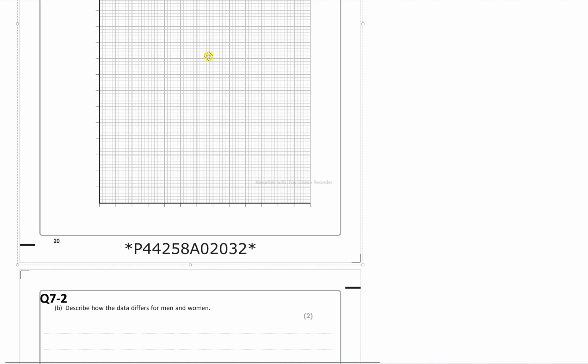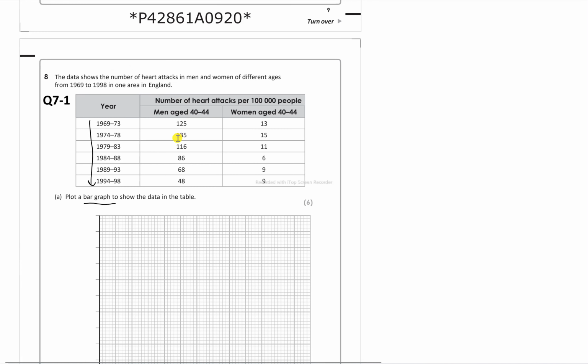So there's 6. Let's have a look. 1, 2, 3, 4, 5, 6. Okay, that's good. And we go from 48 to 125.